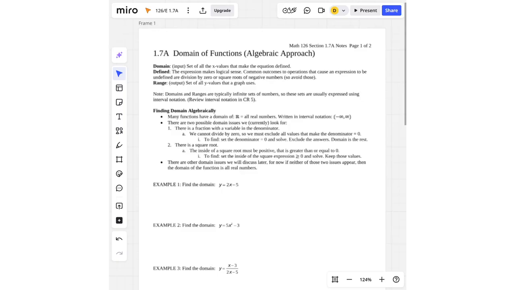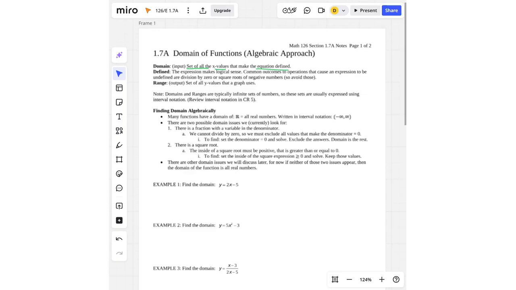So yesterday in section 1.2, we talked about domain being the set of all inputs. So the set of all x values that make the equation or the function defined, right? And we also talked about how, to be defined, the expression has to make logical sense.